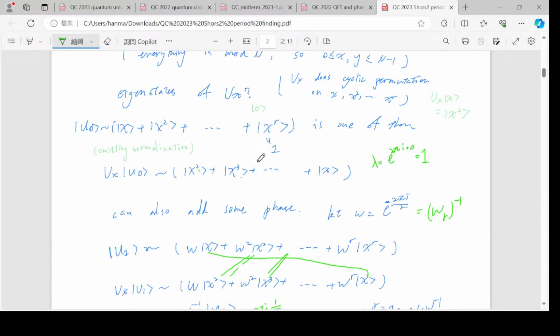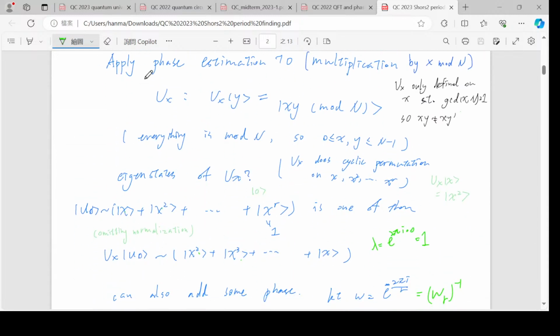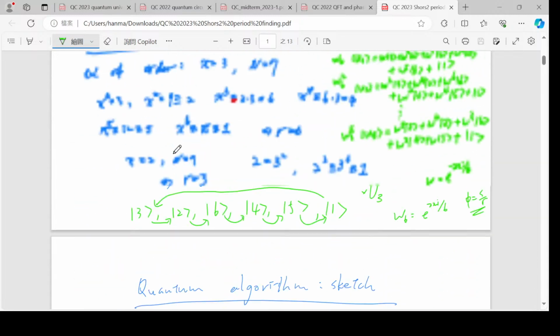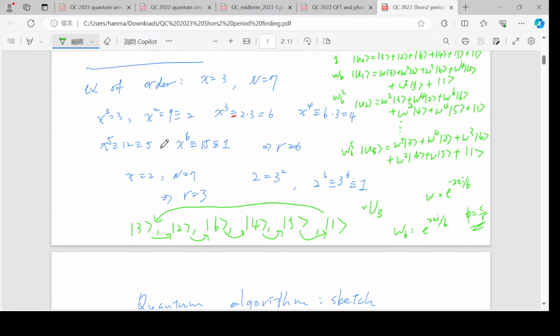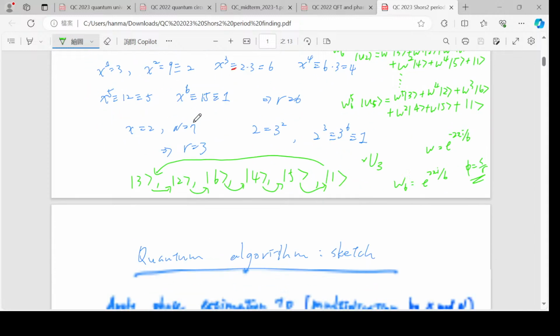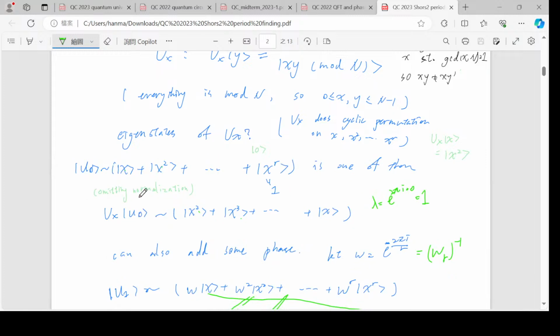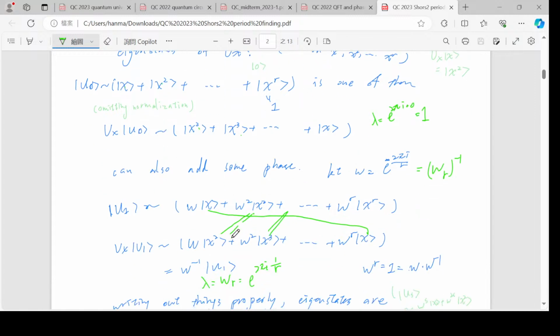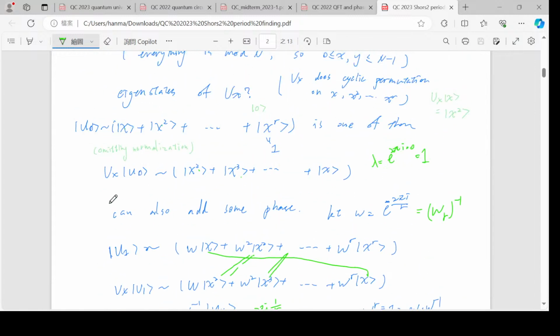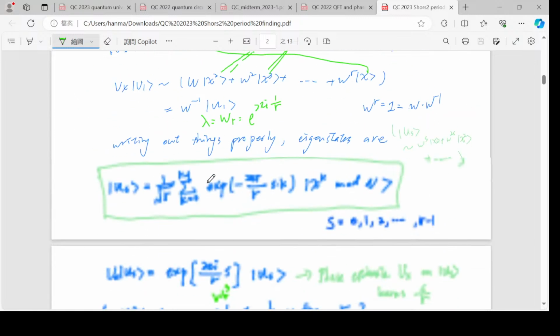The idea is that because U_x is a cyclic permutation among those 6 states, or R states, there will be R eigenvalues of this U in this R-dimensional space.